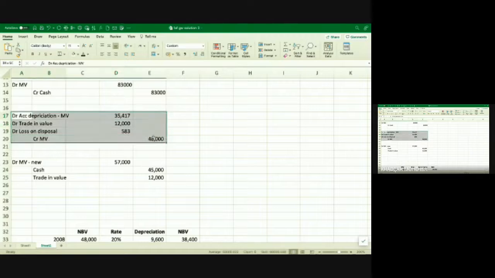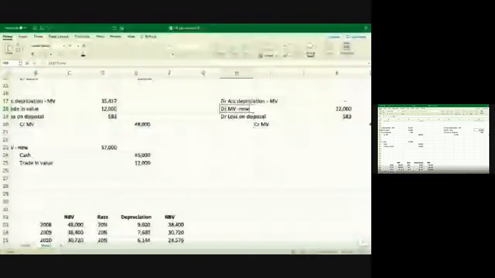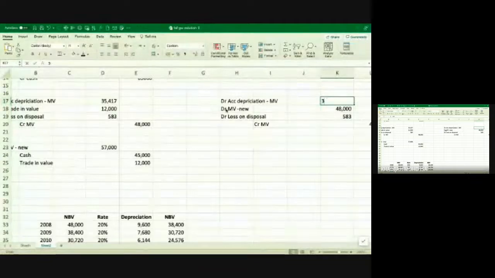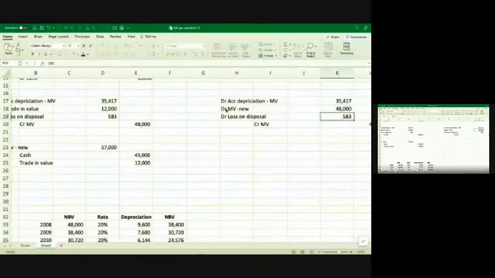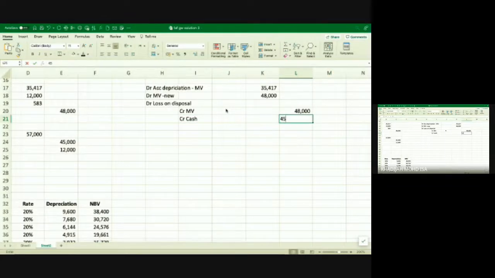If you got it based on just now, you don't have this trade-in value, but you have the new motor vehicle debit, how much is it? 57,000. Then for the old one, 48,000, and I can take 35,417, credit this one, and then you also credit your cash of 45,000.